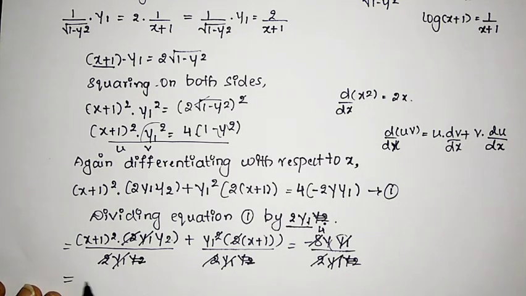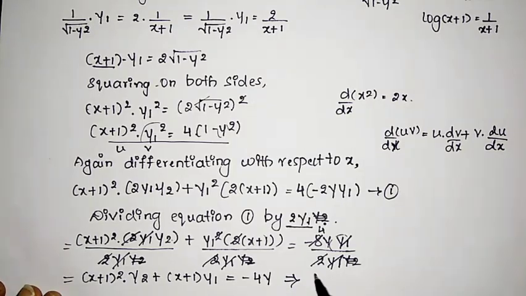Therefore the required result will be x plus 1 the whole square into y2 plus, so we have cancelled 1 y1, so remaining is x plus 1 into y1 is equal to minus 4 into y. So this is the required result.